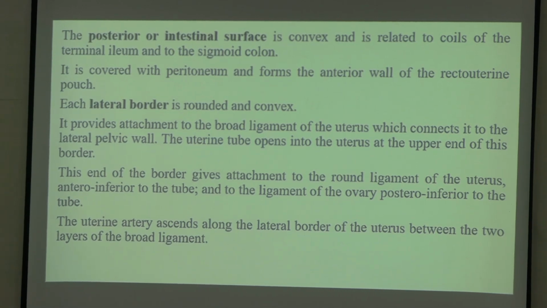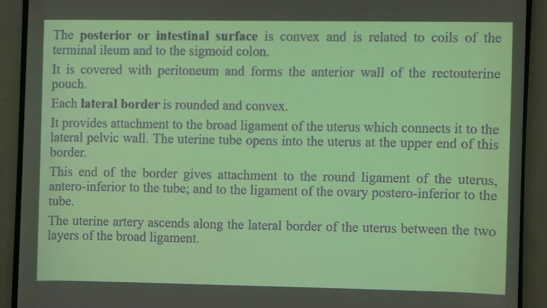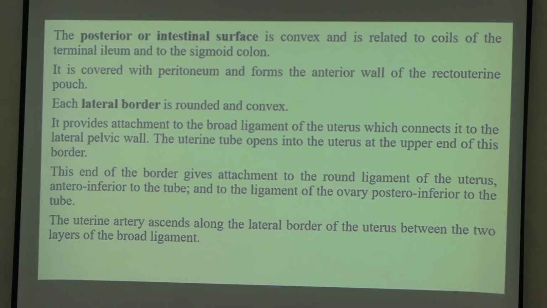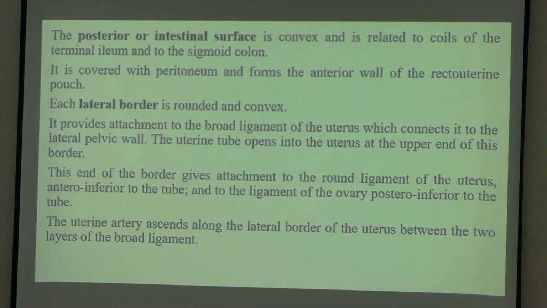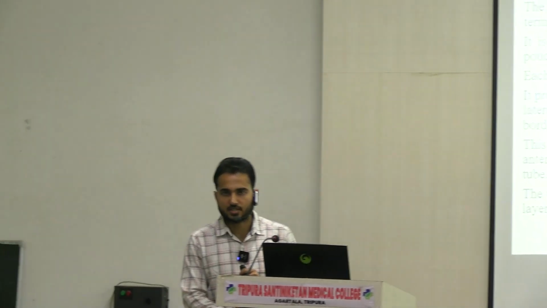Very important. Okay, so a ligament is there. This is nothing but a double layer fold of peritoneum. One end is attached to the lateral border of the uterus, another end is attached to the lateral pelvic wall. In between these two folds, numerous structures are present.